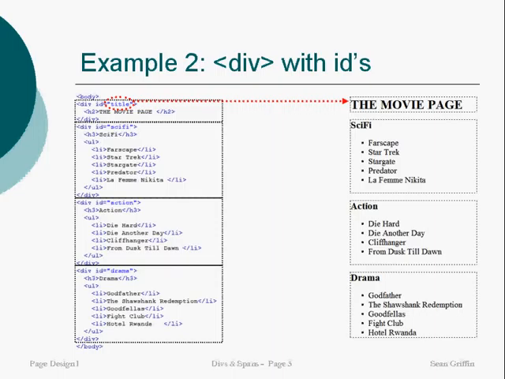Notice that the next section, we've named it div ID sci-fi, and the next one div ID action, and the one below that div ID drama. So we can see that each of these divisions has its own unique identifier. It's like a name for the division, and we can style each one differently later if we wanted to using Cascading Style Sheet code.